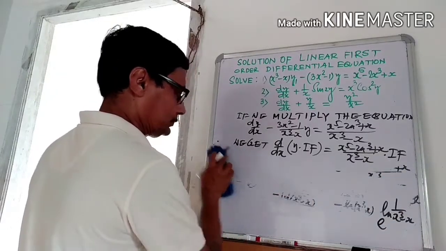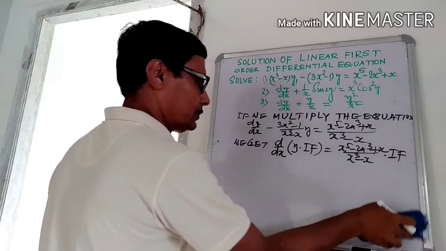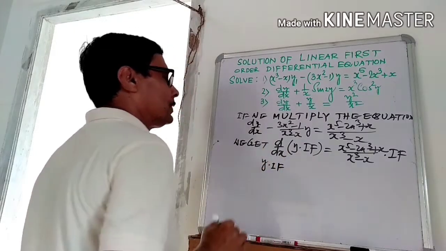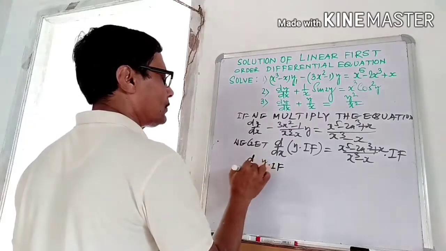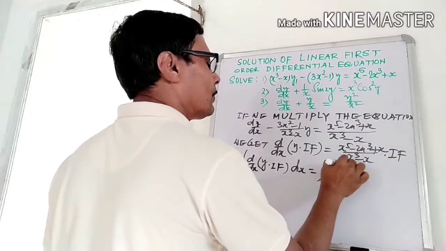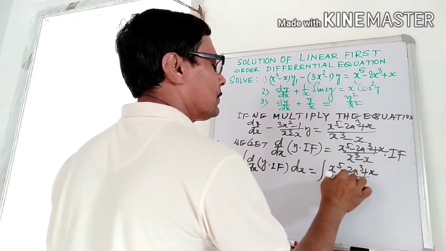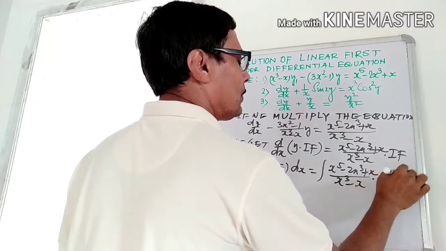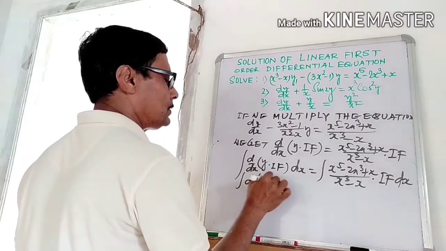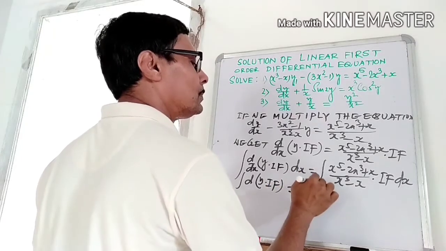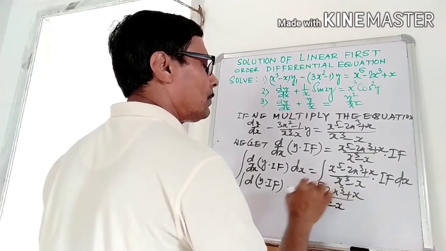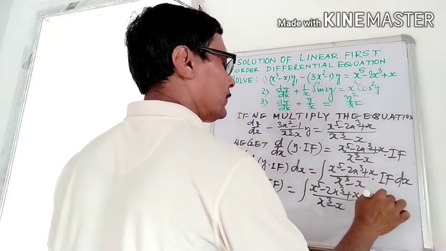So we have y times IF equals the integral of the right side times IF dx.